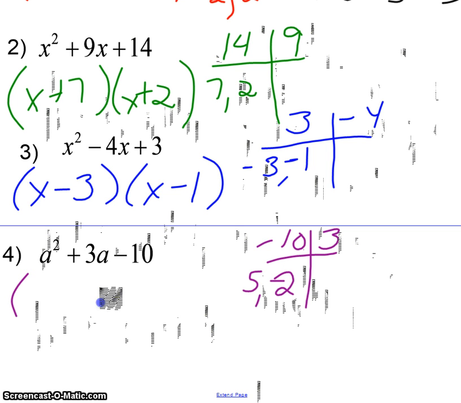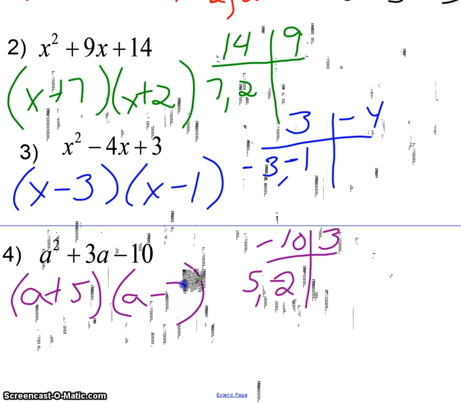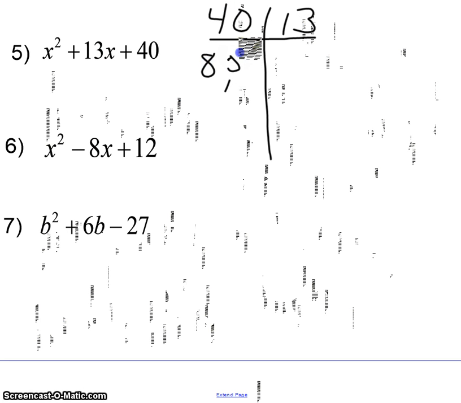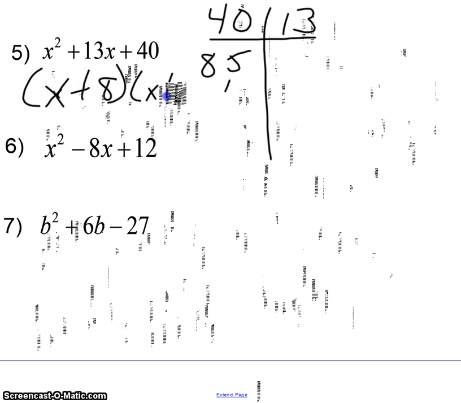So the first times first is x times x, and the last times last is positive 5 and negative 2. Okay, I'm just going to keep going, because you have to get really good at this so you can do this fast. So, factors of 40 whose sum is 13, or 8 and 5. Factors of 12 whose sum is negative 8.